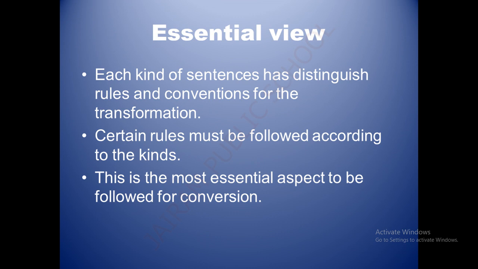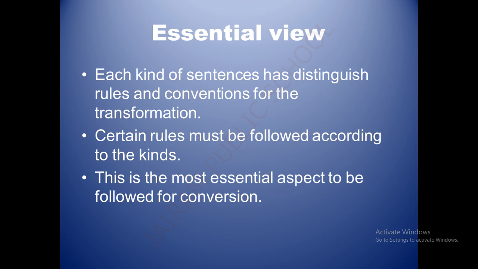Example, if you find an assertive sentence, you need to follow the rules of assertive for the transformation. It will have a different conjunction, a different reporting verb. If you identify an interrogative in indirect speech, you will find all those things. And the next one, certain rules must be followed according to the kinds. You need to follow certain rules while you are transforming direct to indirect.